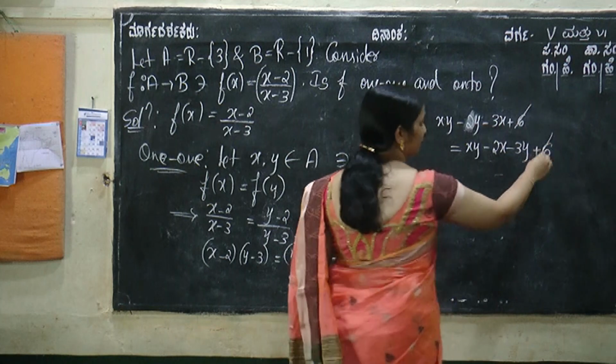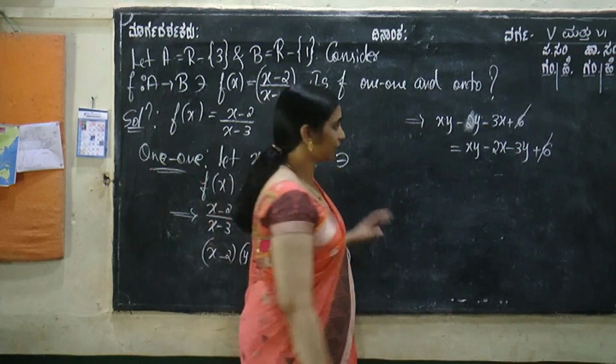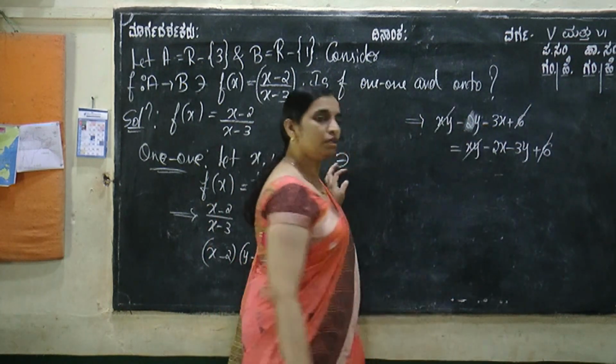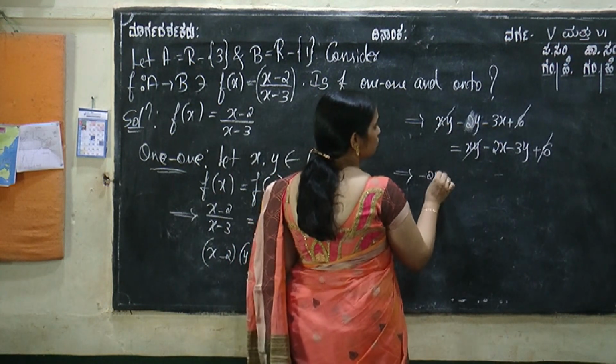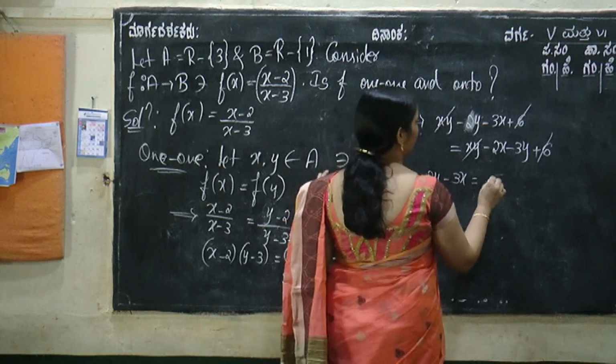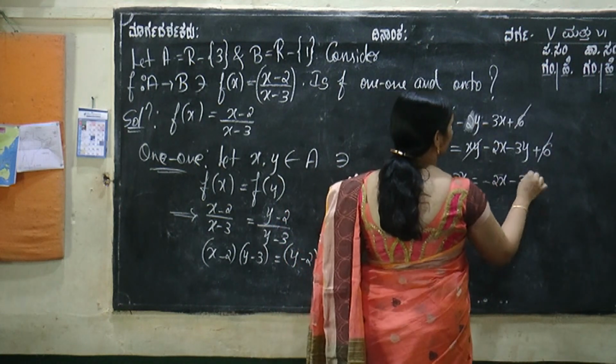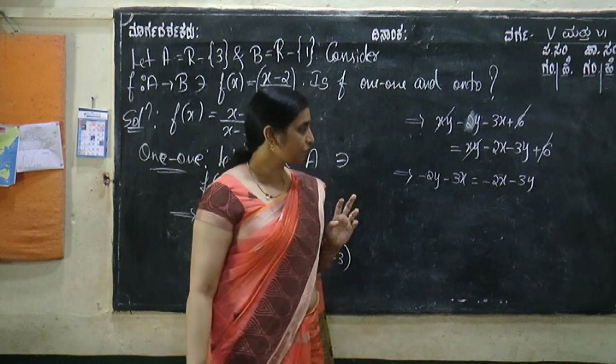So 6 we are having on both sides with the same sign, we can cancel. xy is also common, easily we can cancel. So we are having minus 2y minus 3x equal to minus 2x minus 3y. So what we do?